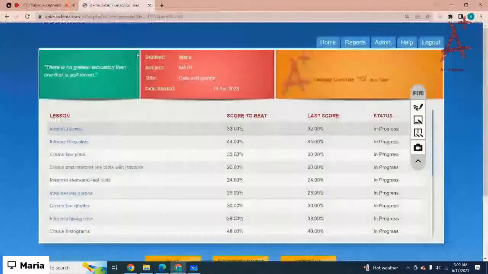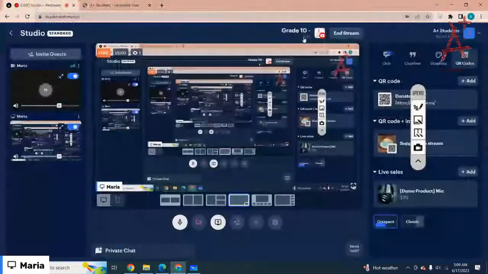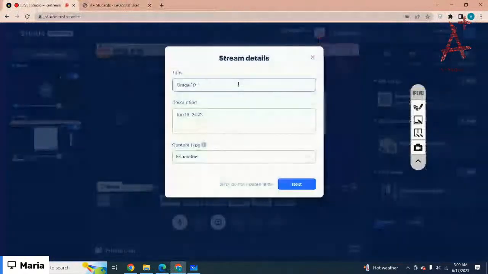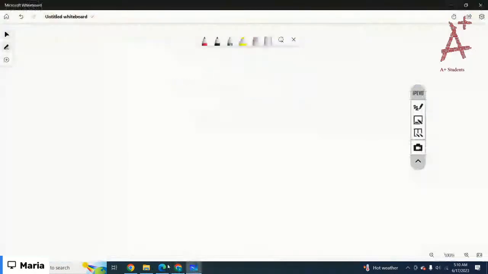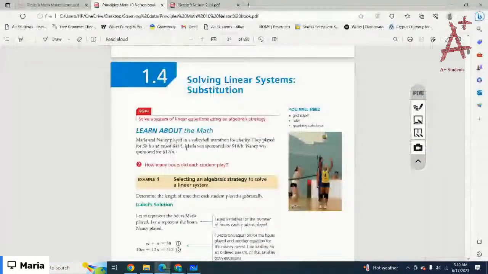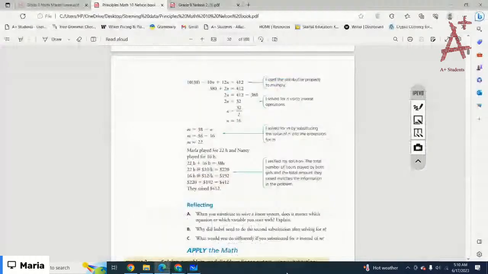Let's start with the first one. Let's start with solving linear systems by substitution.